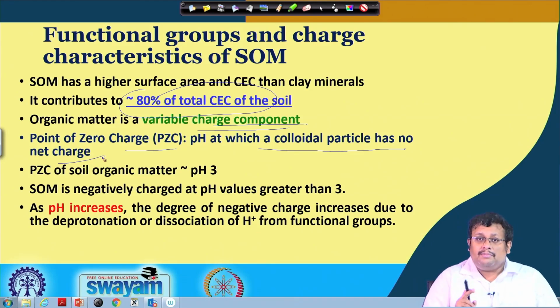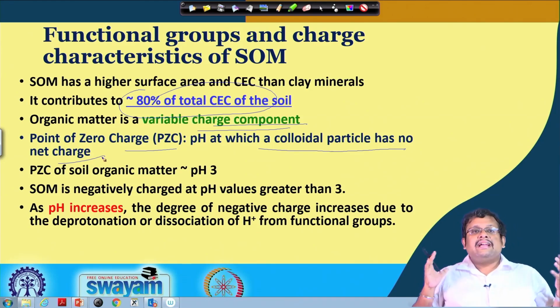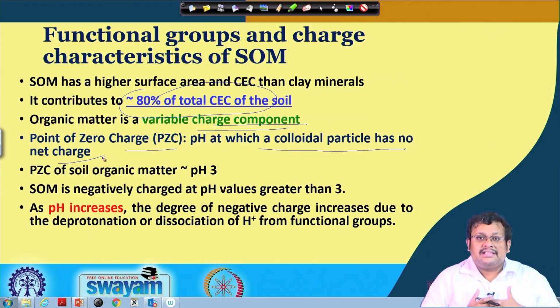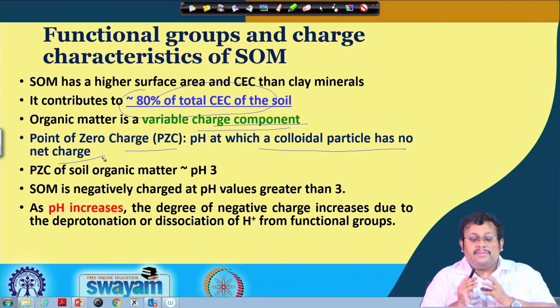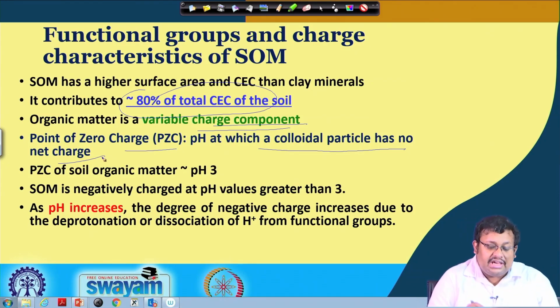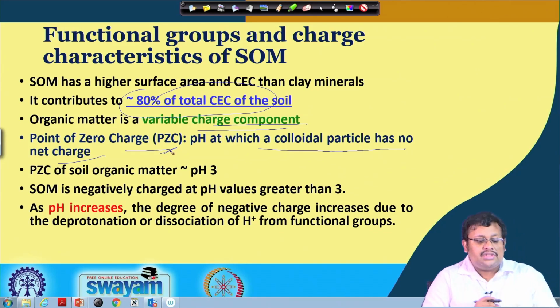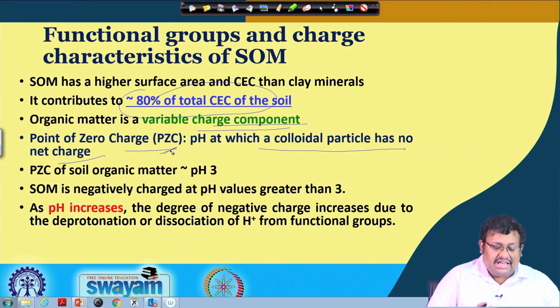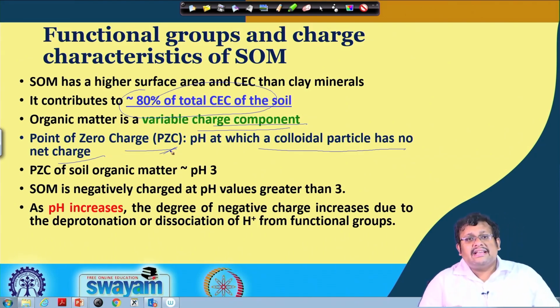However, there will be one pH at which all the positive and negative charge will counterbalance each other and the net charge will be 0. So, that pH is known as point of zero charge. The point of zero charge of soil organic matter comes around pH 3. So, soil organic matter is negatively charged at values greater than pH 3.